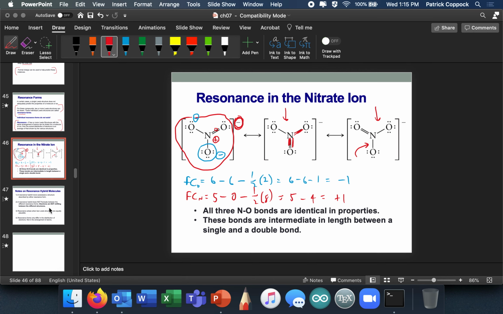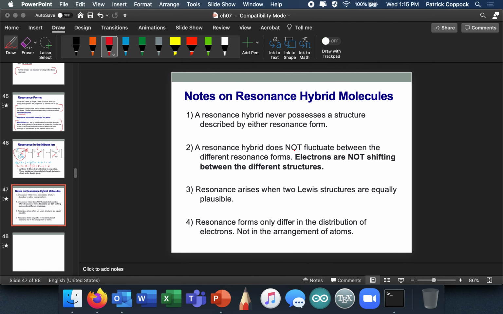So finally, here are some notes on resonance. A resonance hybrid never possesses a structure described by either resonance form. A resonance hybrid does not fluctuate between the different resonance forms. Electrons are not shifting between the different structures. They actually are a mixture of the structures. Resonance arises when two or more Lewis structures are equally plausible.